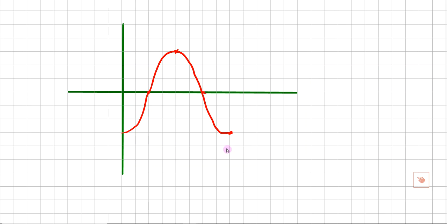So for instance, this one I could represent as y equals what? Okay. Would that be y equals sine x plus 2? Not quite. Cosine. Well, I know it's cosine because you just shift it.